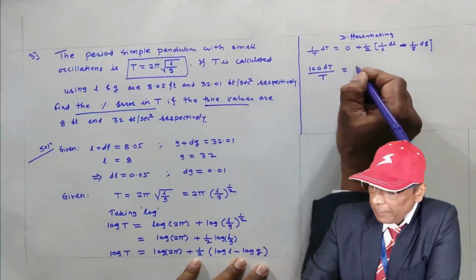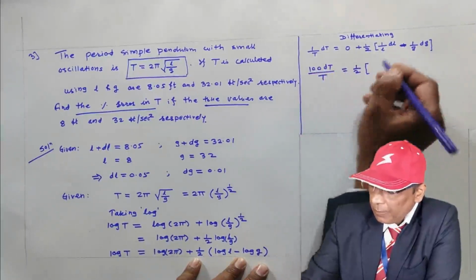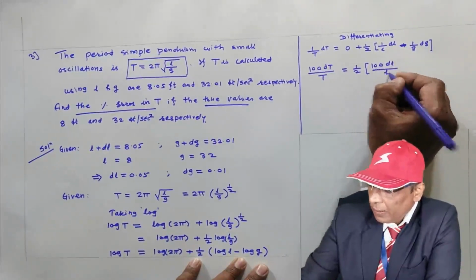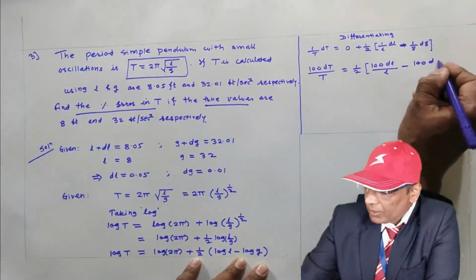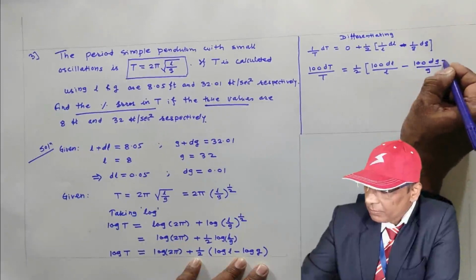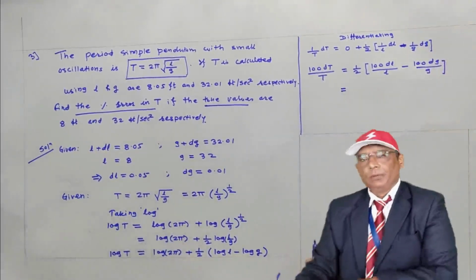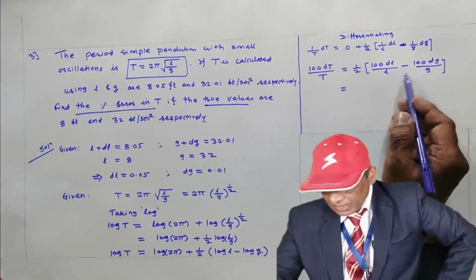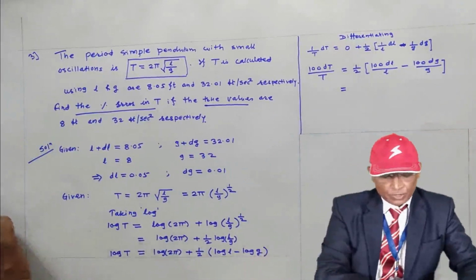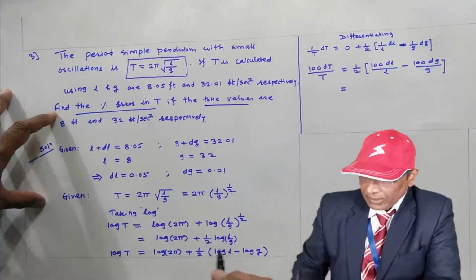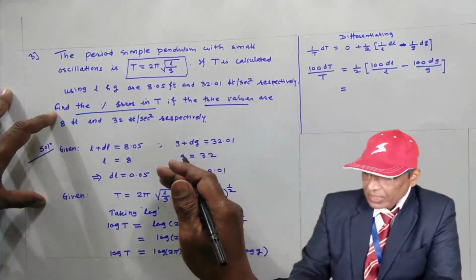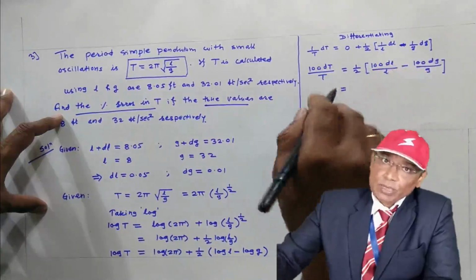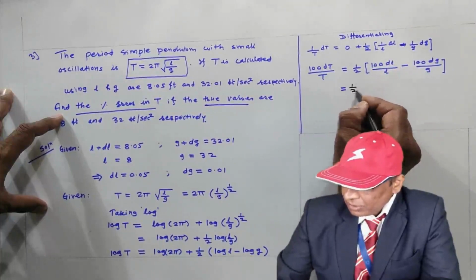Multiply each term by 100. 1 by 2, I am multiplying here directly, 100 dL by L, 100 dG by G. Now, 100 dL by L is the percentage error in L, and 100 dG by G is the percentage error in G. It is not given, but you can find it out, by putting the values of DL and L, DG and G. Or here itself you can directly write. No need to increase steps.